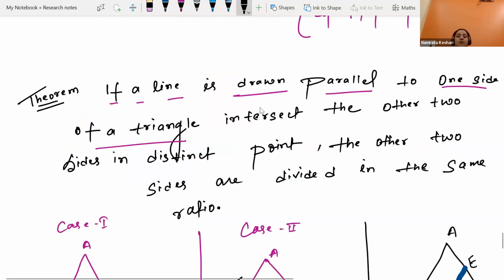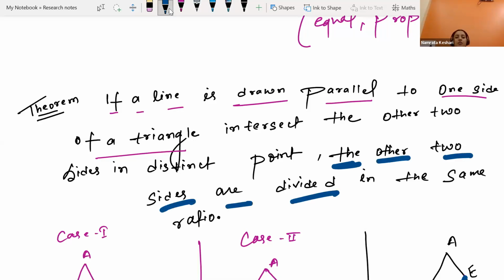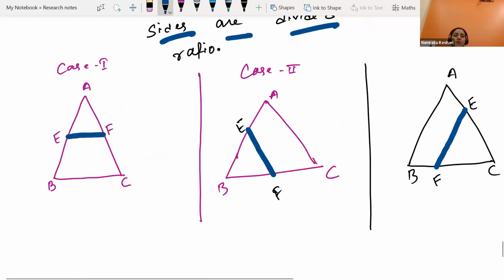Then, after this, it intersects the other two sides at two distinct points. After that there is a comma and then the other two sides are divided in the same ratio. The other two sides, where the line is intersecting, those sides are getting divided in equal ratio. Sides AB and BC are getting divided in equal ratio.